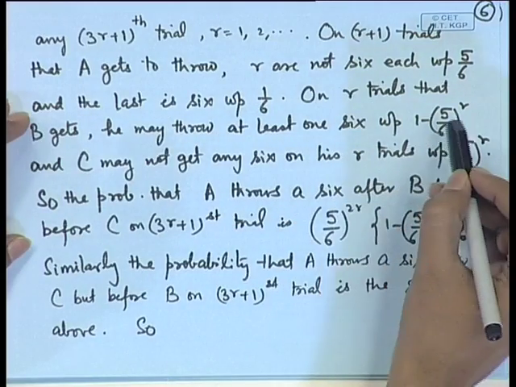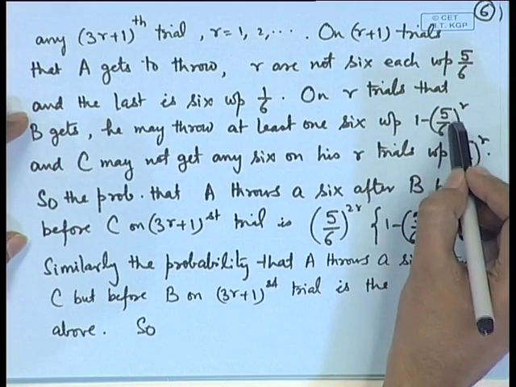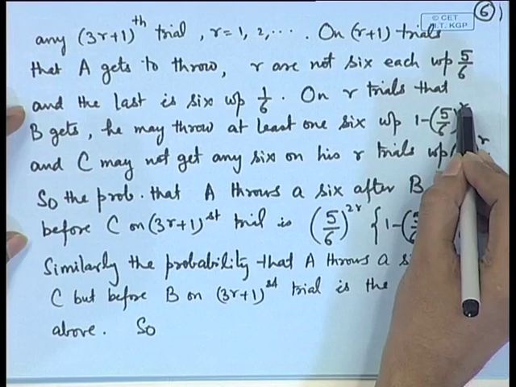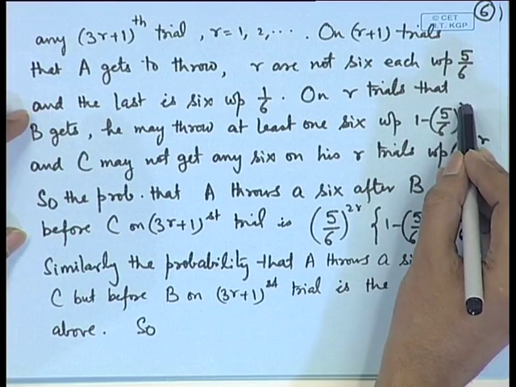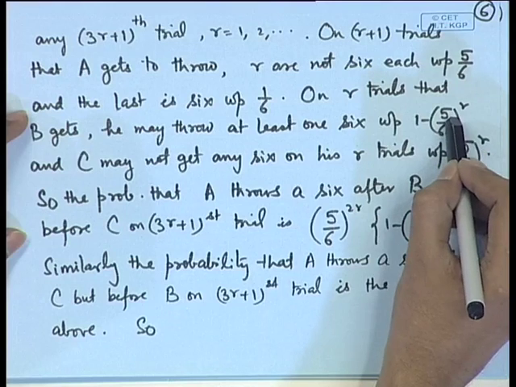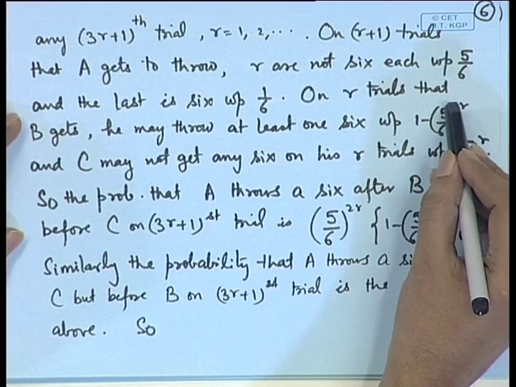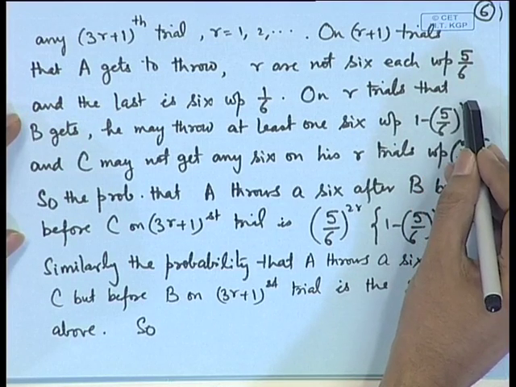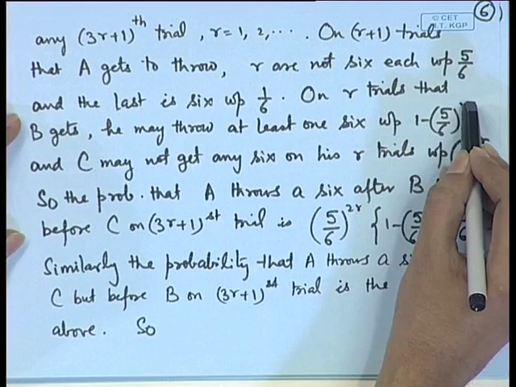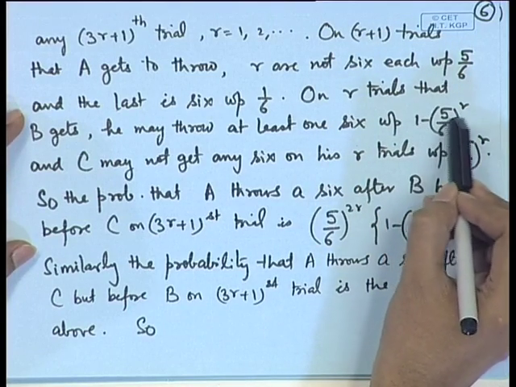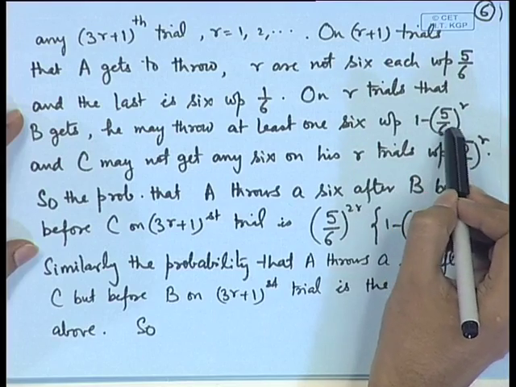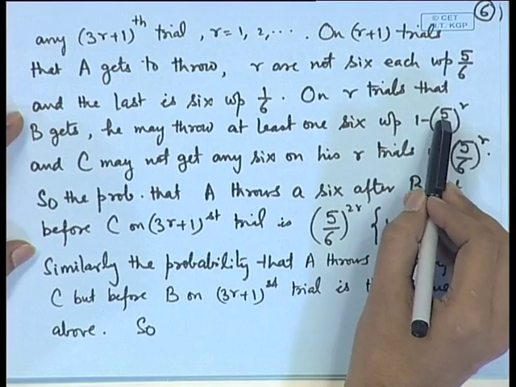If we consider the probability that B does not get a 6, in each trial he will not get a 6 with probability 5 by 6. So, the total probability that in r trials he does not get any 6 is 5 by 6 to the power r. So, 1 minus 5 by 6 to the power r denotes the probability that he gets at least 1 six.